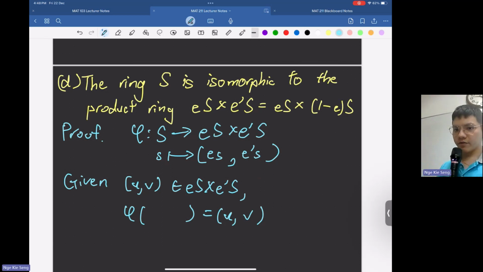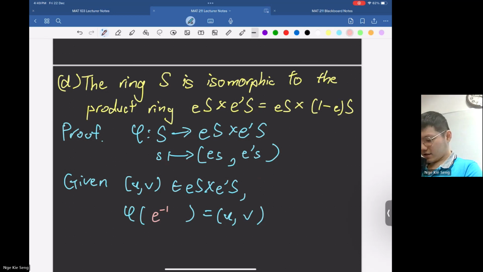What's the thing that gets sent to (u, v)? Sorry? E inverse? We can try. So you say E inverse u. Is it?